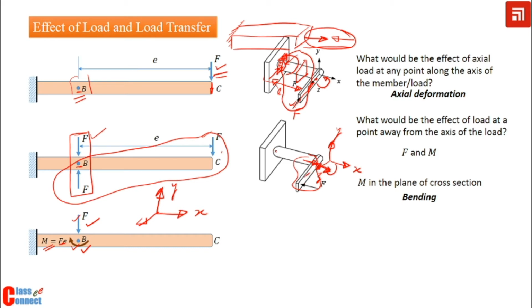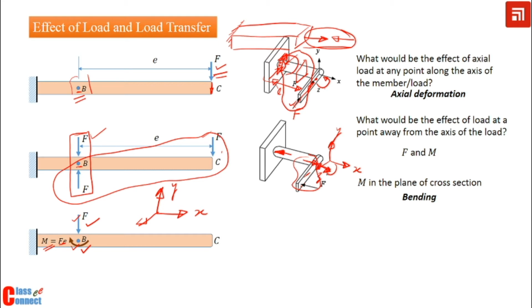Now if we see the effect on this member, we have to transfer this force again. So we can transfer this force like this, because first we have shifted from here to here, now we can shift from here to here.